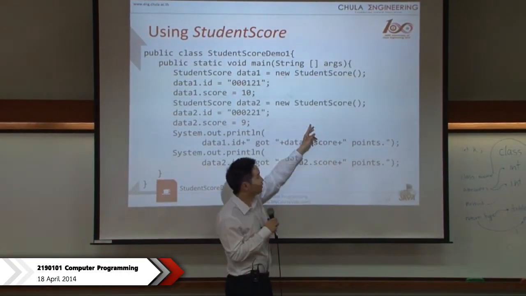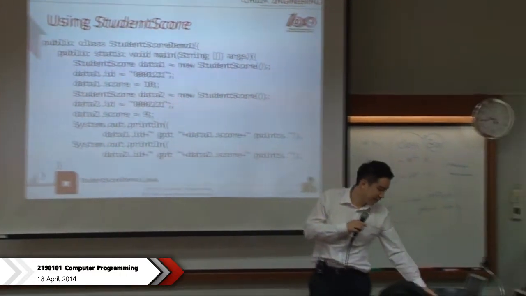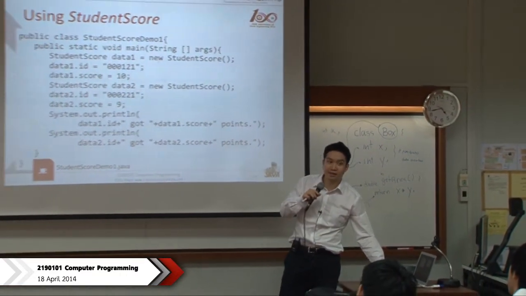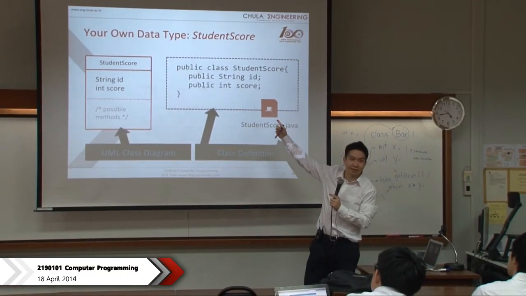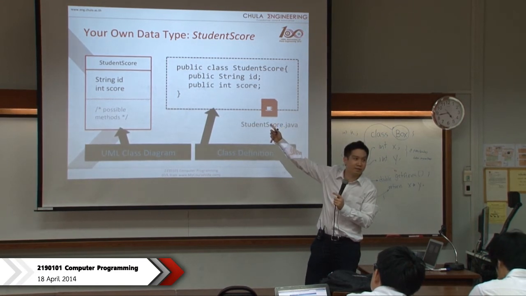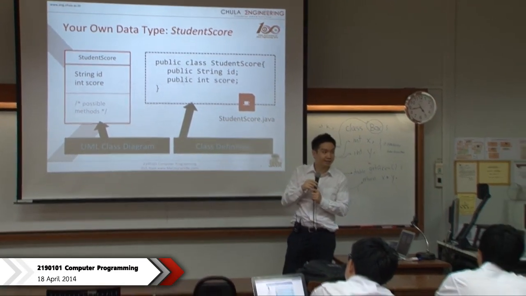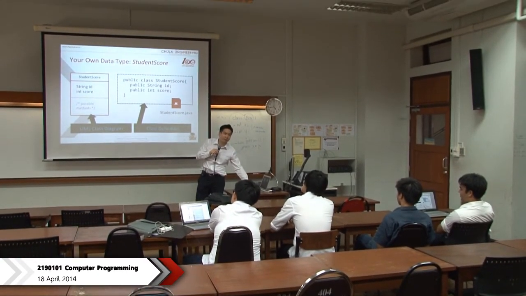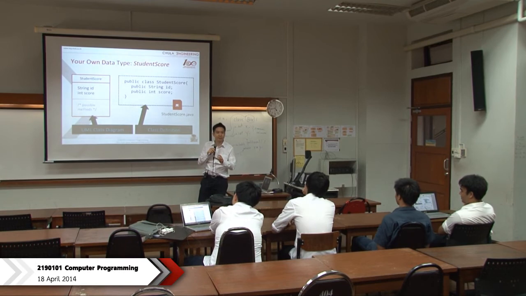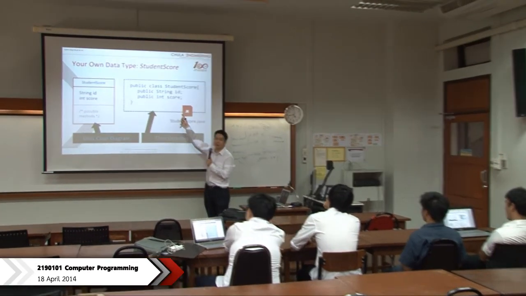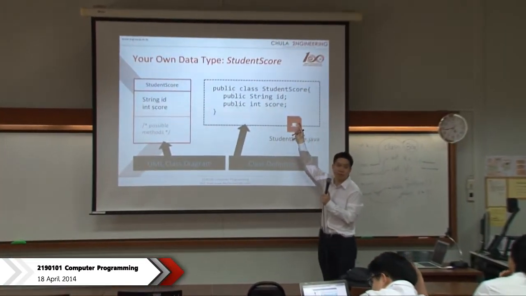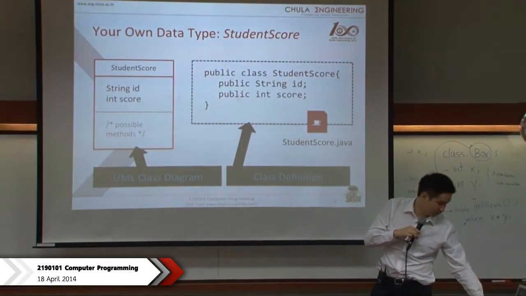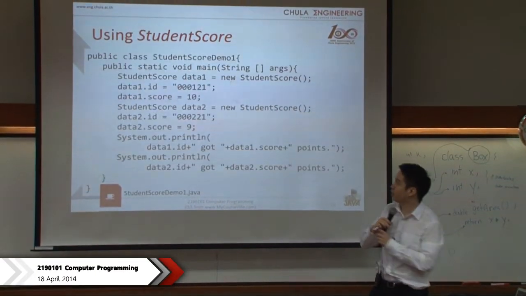What is student score here? It's not like scanner class because we've defined it somewhere else. Student score is a class. It's not like buffered reader or scanner. It's not built in. Java did not provide you with a class named student score. So what are we doing then?